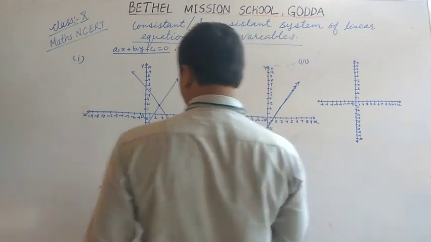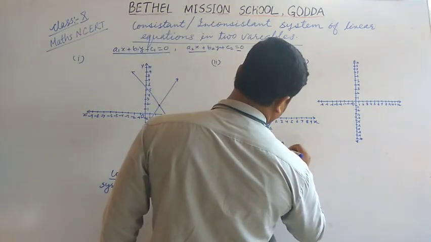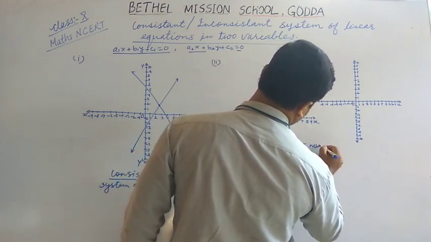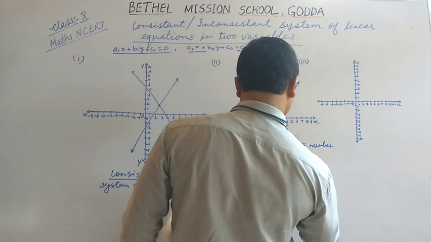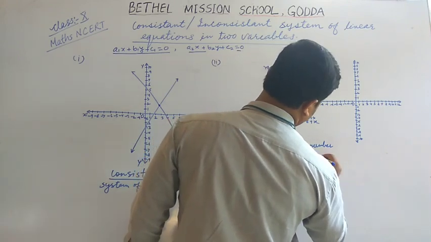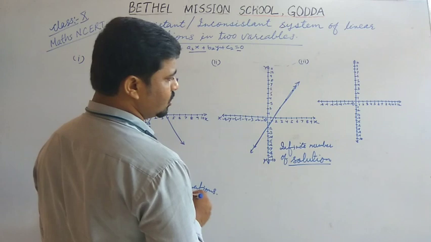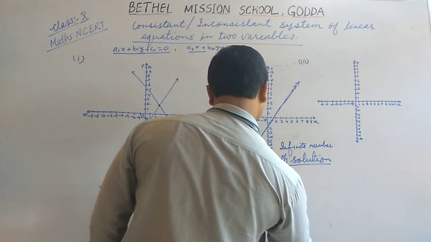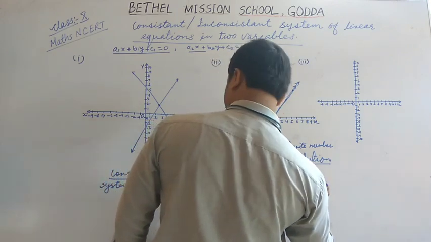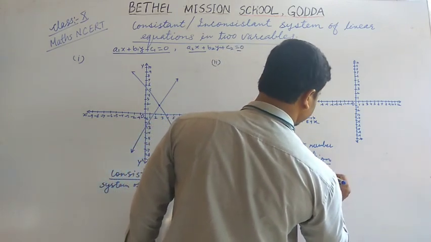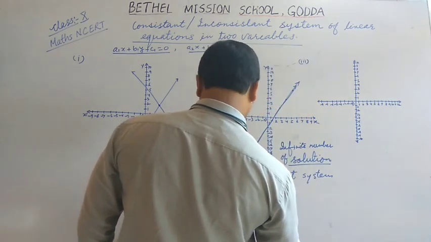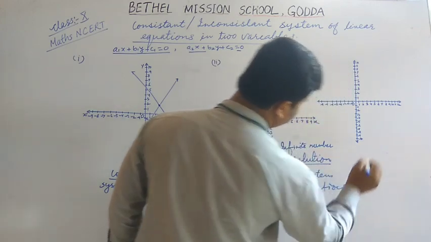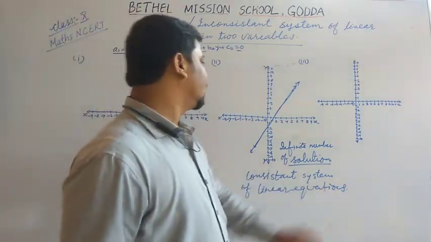So if there are an infinite number of solutions, therefore it is also called a consistent system of linear equations.